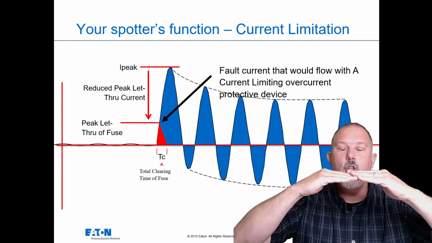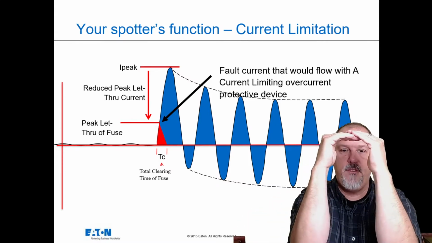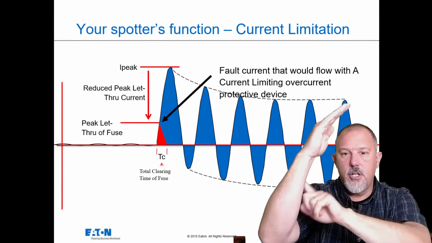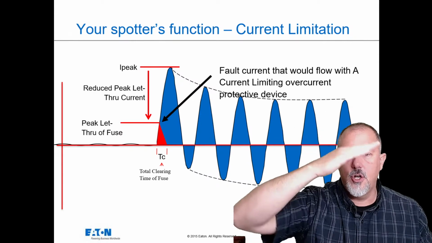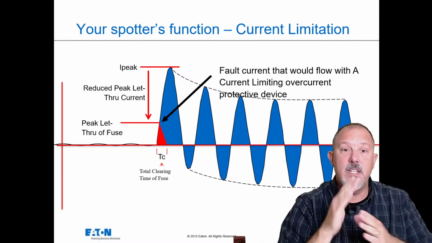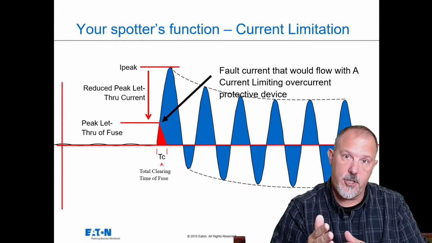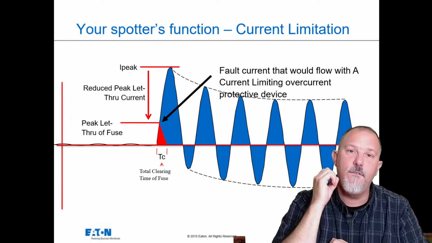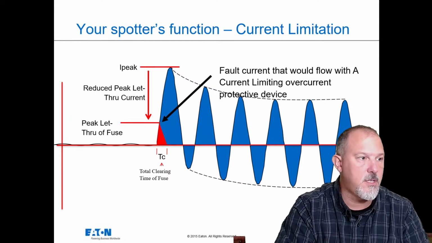Normal waveform. When you have a fault, the peak goes up, and the slope of the first half cycle goes from this, say, as an example, to this. My rate of change increases considerably, and what that does is it puts force on the power distribution system.